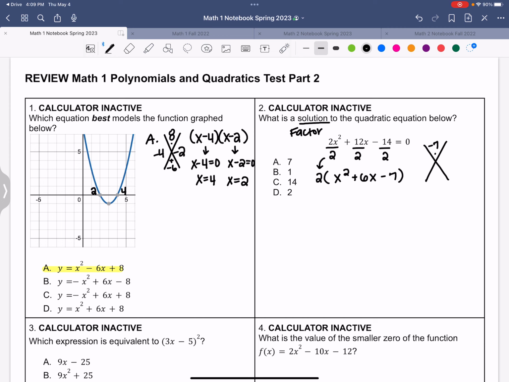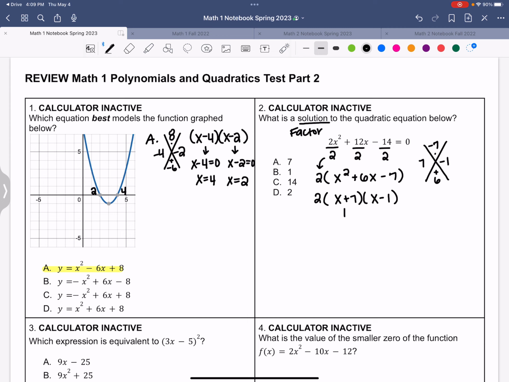So multiplies to be -7 and adds up to 6. That would be 7 and 1 probably. 7 minus 1 is 6. So there are our factors: x plus 7, x minus 1.